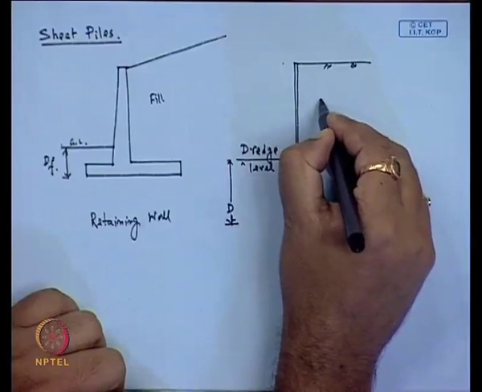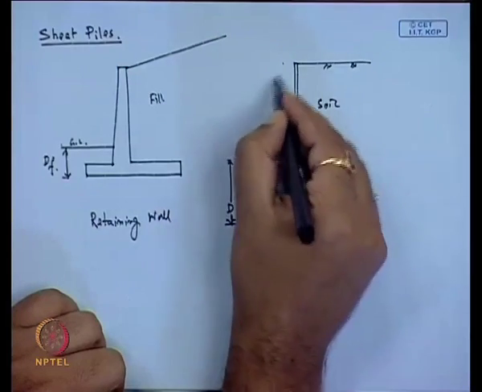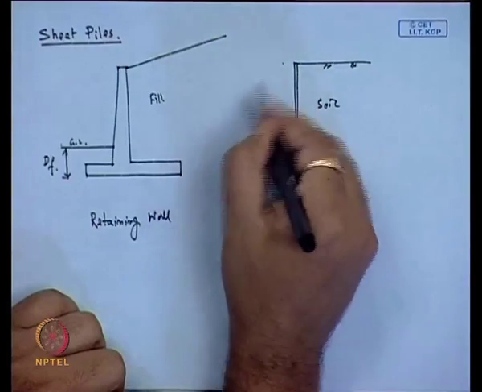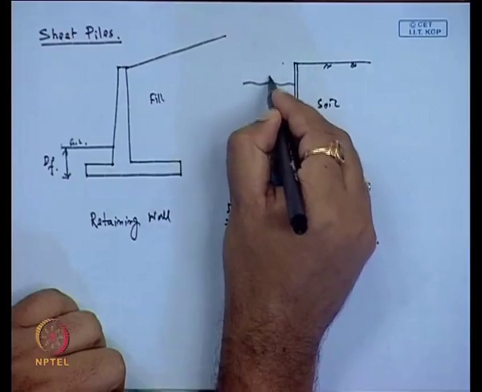Sometimes this sheet pile is used. Now, here this is also soil, and this portion can be void, or this can be water.